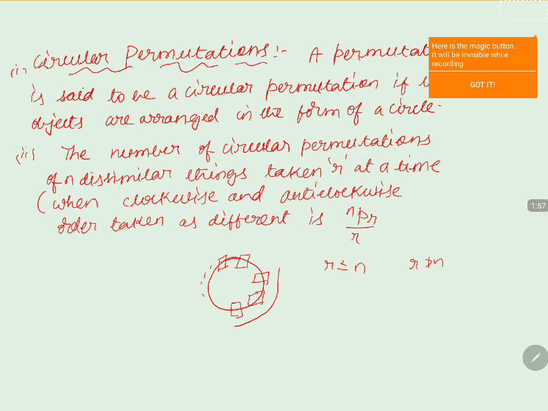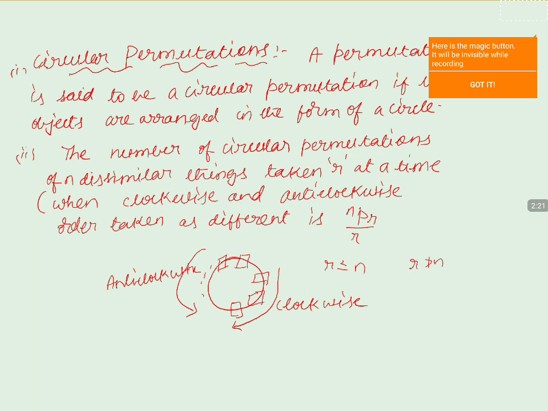This one which I am representing is known as clockwise, while the one I am representing now is known as anti-clockwise. These clockwise and anti-clockwise directions are taken as different, so we should treat them as different.